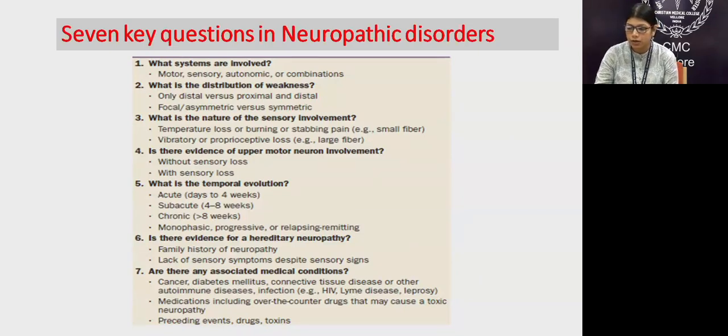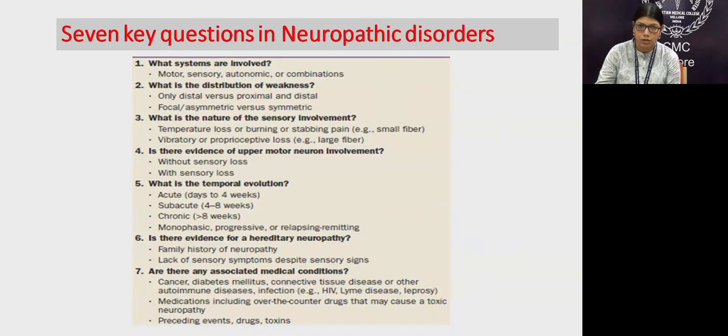The last question is again to look at the etiology for the neuropathy presentation. What are the associated medical conditions, such as cancer, diabetes, connective tissue disorders, autoimmune disorders? We need to take a detailed medication, drug, and toxin history, and ask what were the preceding events, or was there any intake of drugs and toxins prior to the onset of the neuropathy symptoms?